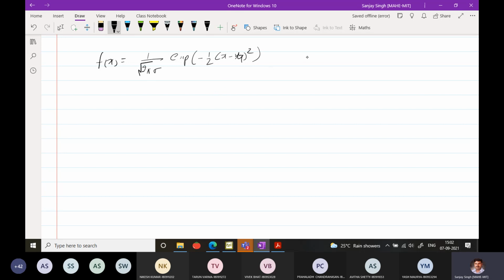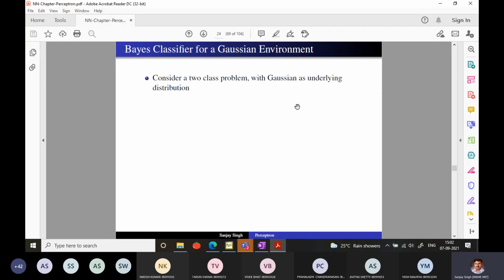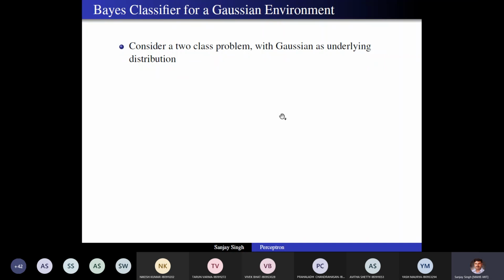This is when your data is one dimensional. But when you go to n-dimensional or multi-dimensional data, this distribution function changes, but the overall structure remains the same. We'll see those factors now. That's why I put it for the one dimension.